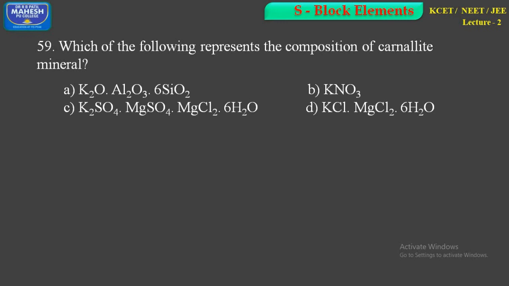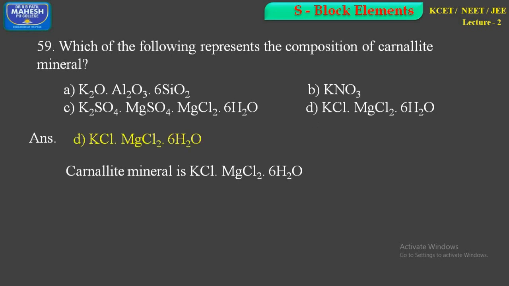Option C, potassium sulfate, magnesium sulfate, magnesium chloride hexahydrate. And option D, potassium chloride, magnesium chloride hexahydrate. Carnallite mineral is potassium chloride, magnesium chloride hexahydrate. So option D is the right answer.